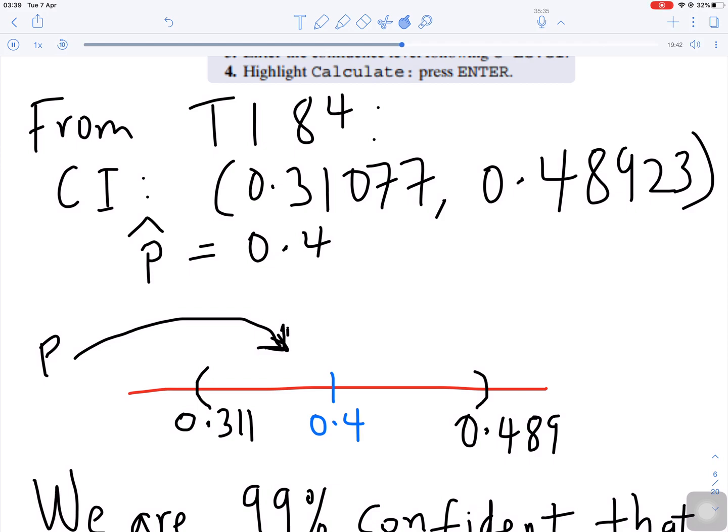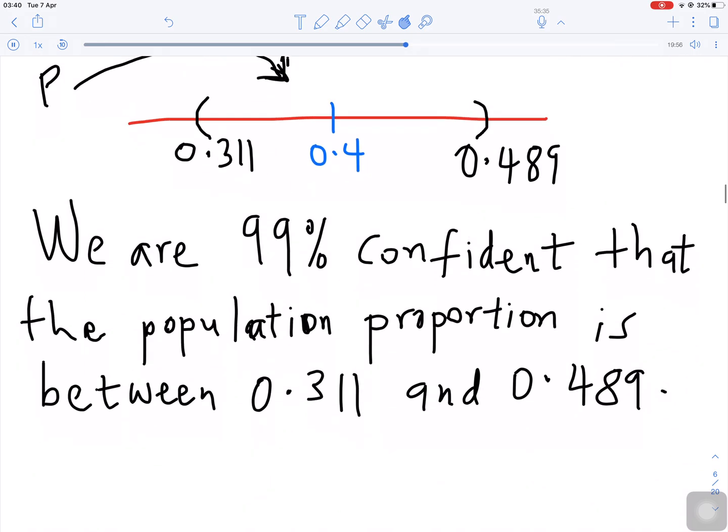Now, one other thing we need to know is how to interpret this result. So we say that we are 99% confident that the population proportion is between 0.311 and 0.489. And what does this mean?